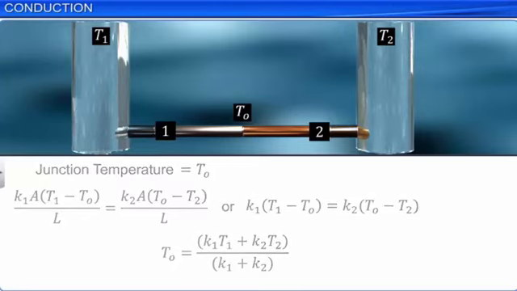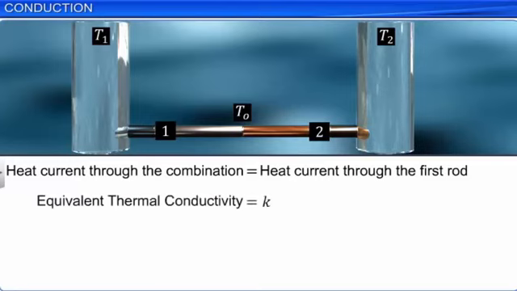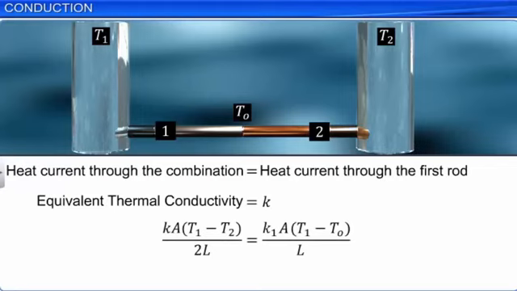Since heat current through the combination is equal to heat current through the first rod, if the equivalent thermal conductivity of the combination of two conductors is K, then we can write KA(T1 - T2)/2L equals K1A(T1 - T0)/L.